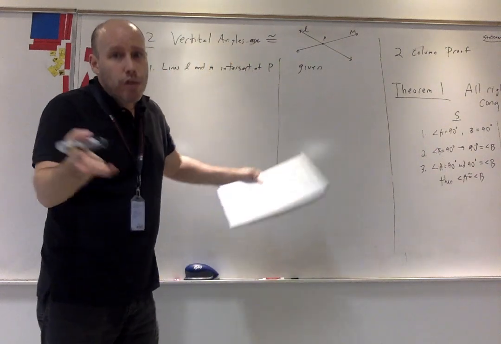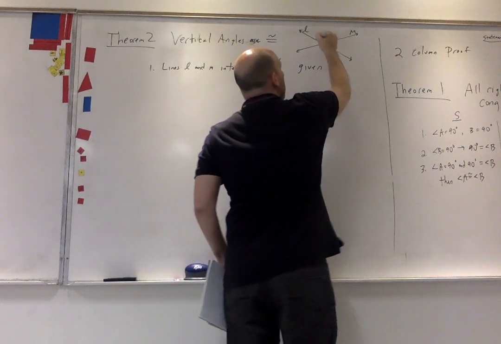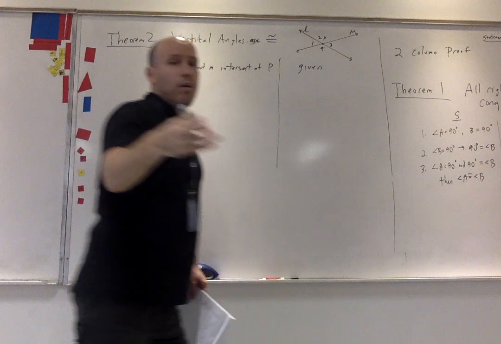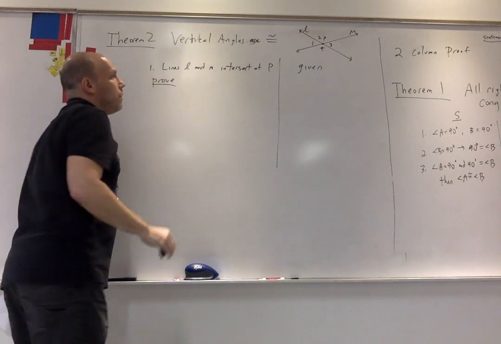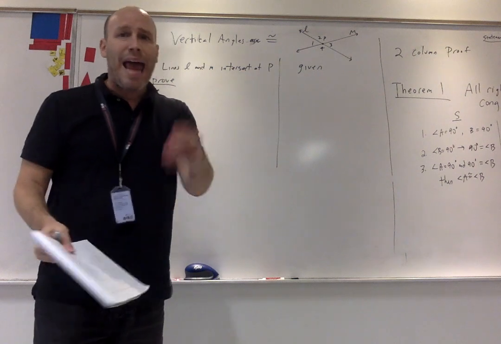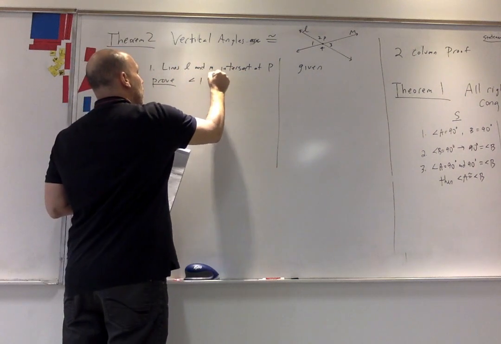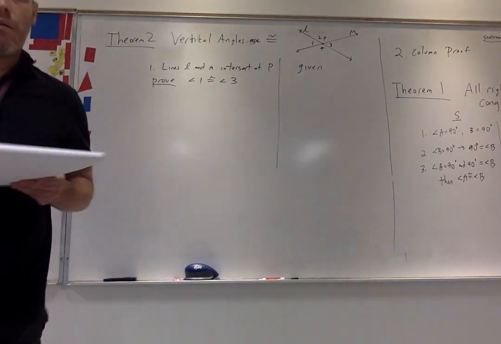And what I'm also going to do to make my life a little easier is I'm going to put numbers in here. So what's the idea? So the idea is prove. What do you have to prove? Well, we have to prove that angle 1 is congruent to angle 3. Right? Okay.